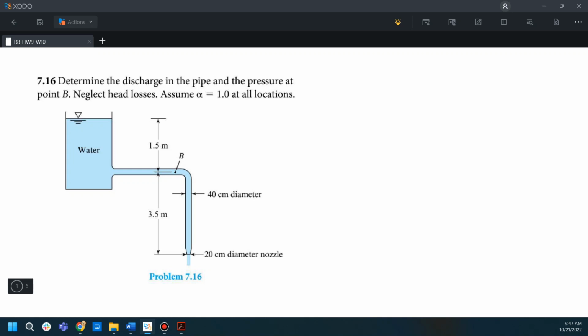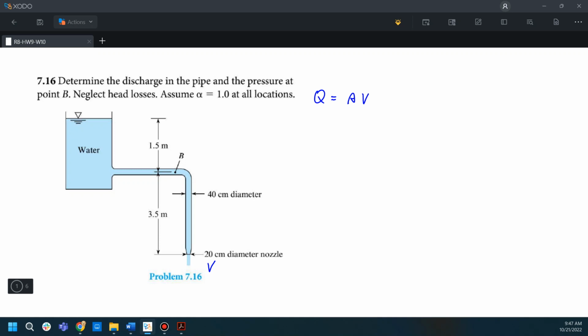Our plan is to find the velocity at the nozzle by applying the energy equation, which you have learned in a previous course. Then we find the discharge, because the discharge equals the area times the velocity.